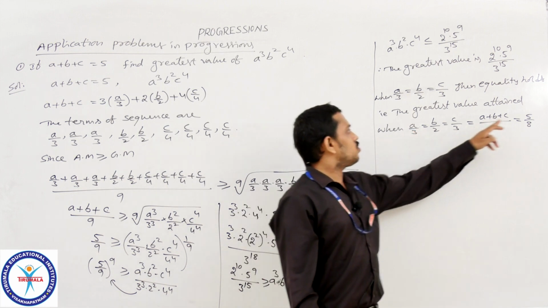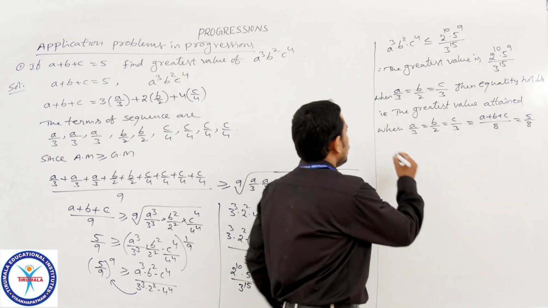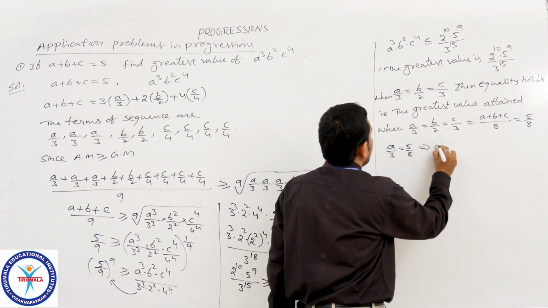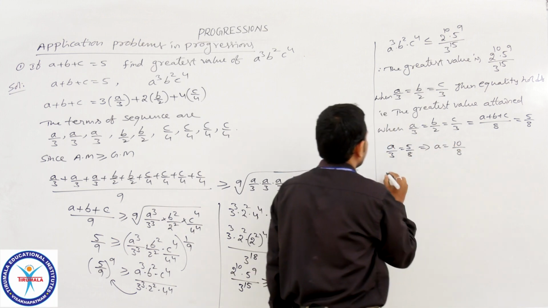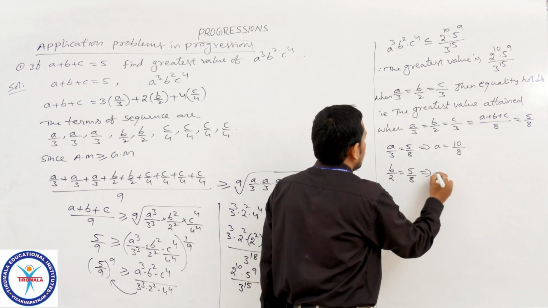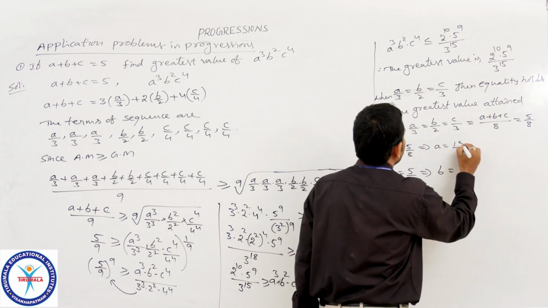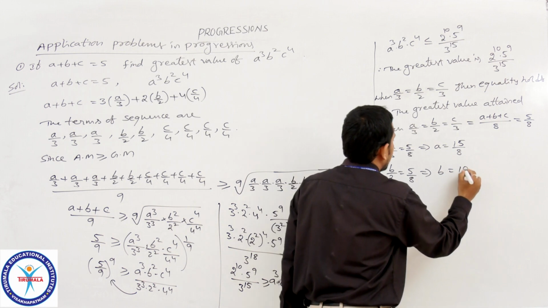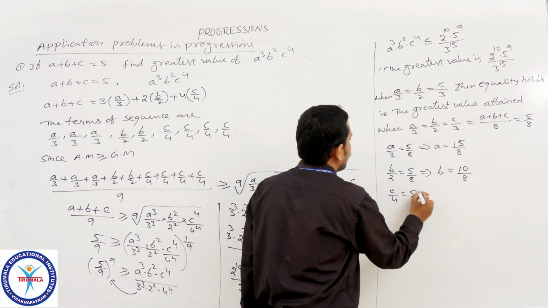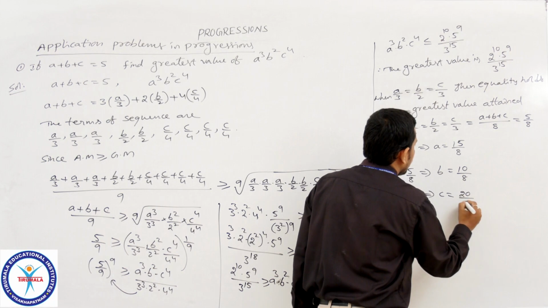Means a/3 is equal to 5/8, b/2 is equal to 5/8, c/4 is equal to 5/8. Then what is a? a/3 is equal to 5/8 implies a is equal to 15/8, and b/2 is equal to 5/8 implies b is equal to 2 fives are 10, 10/8, and c/4 is equal to 5/8 implies c is equal to 4 fives are 20 by 8.